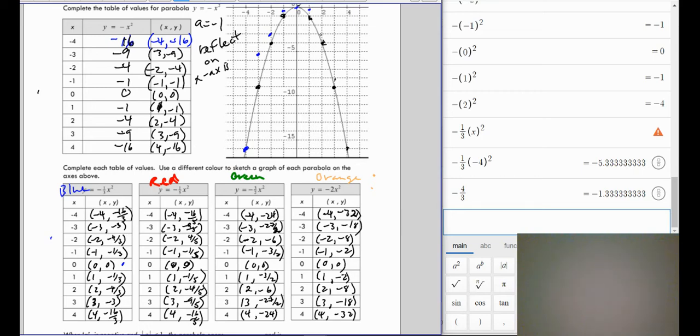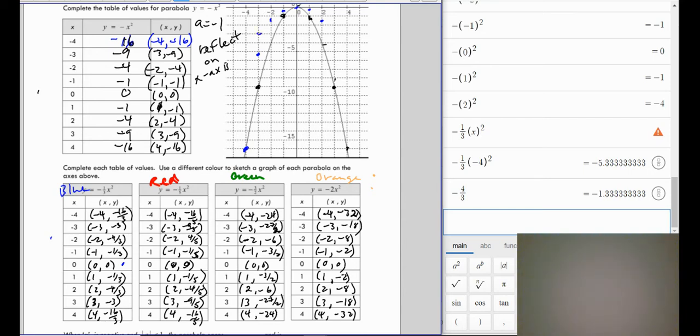Wait a second. That was 1.33 at the 2 coordinate. Okay, so let's fix that. And then we were at 3 and 3: 1, 2, 3.